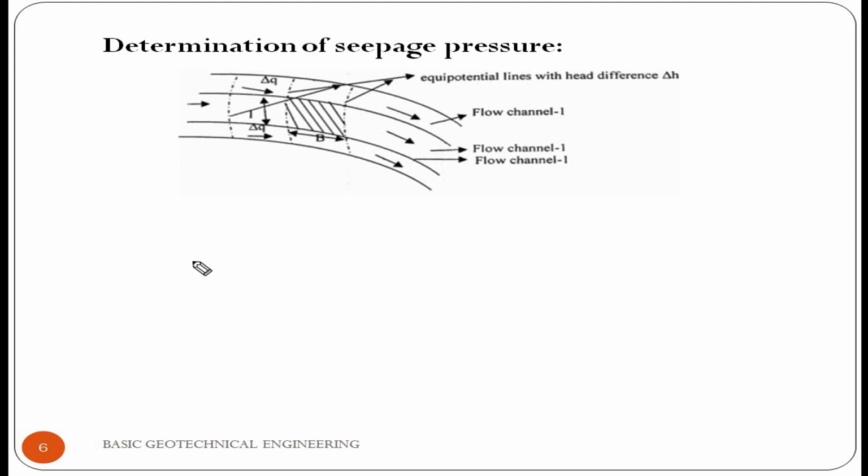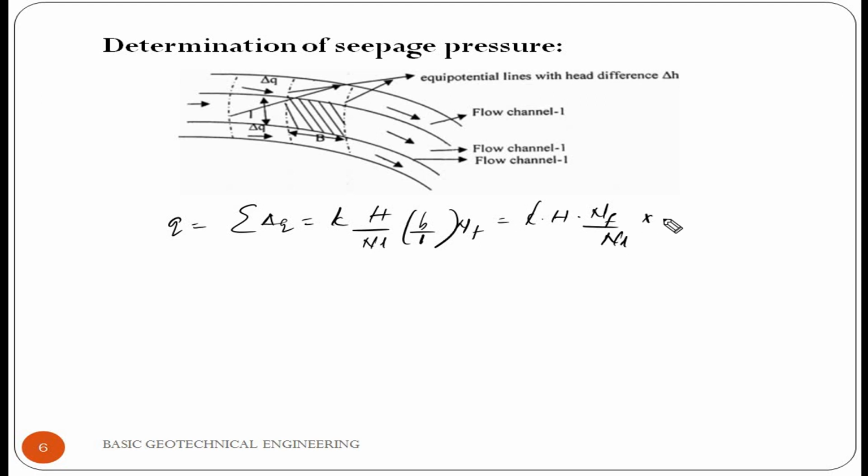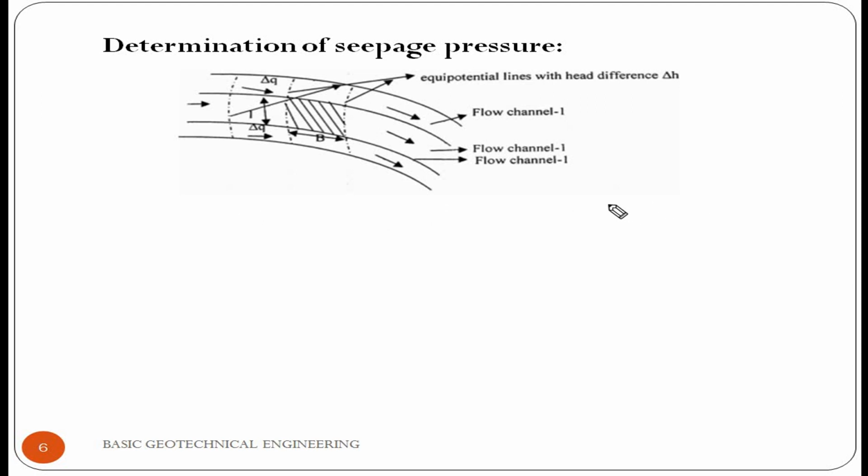So the total discharge through the complete flow net is given by Q is equal to sigma delta Q, which is K into H divided by ND into NF, which is also equal to K into H into NF divided by ND into b by 1. When the flow net is drawn with square fields, we have Q is equal to KH NF divided by ND.